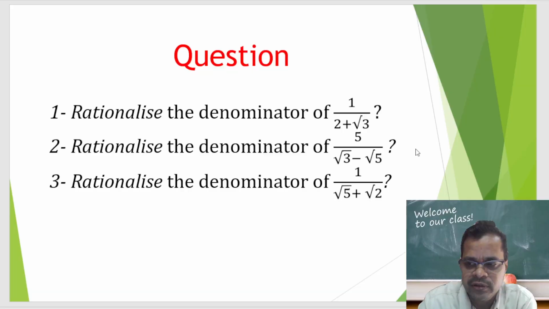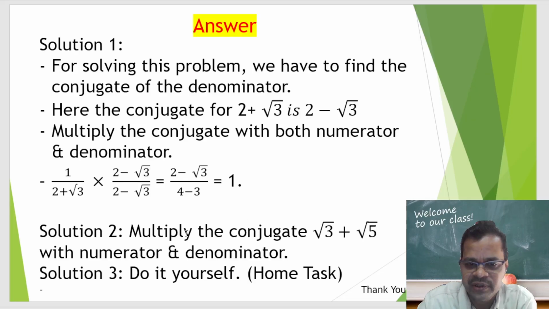In the numerator and the denominator we will have the exact opposite sign, so square root of 3 plus square root of 5. So multiply the conjugate, square root of 3 plus square root of 5, both in the numerator and in the denominator. Then you will get the answer.